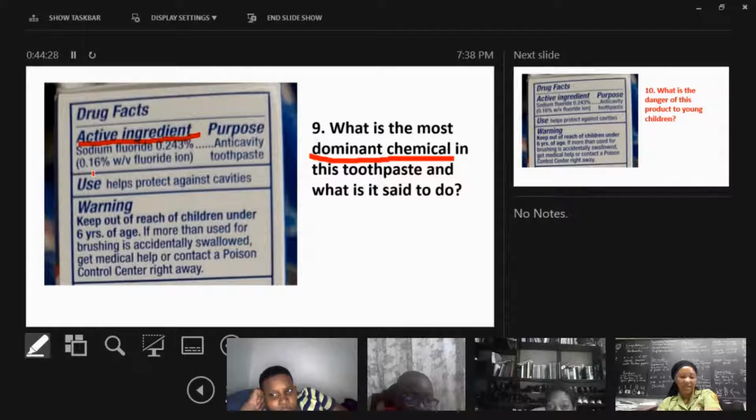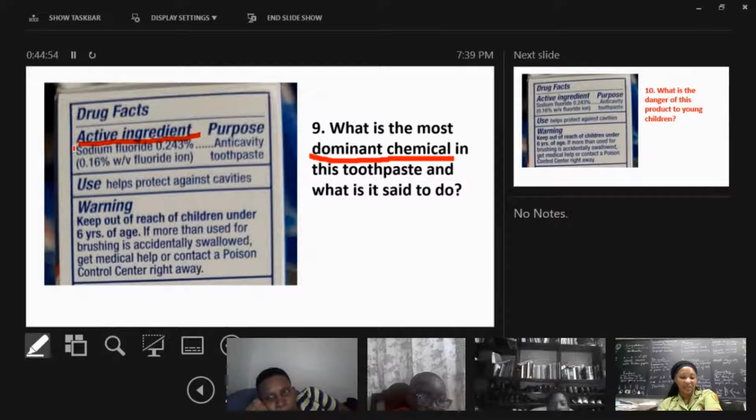This in brackets here is telling you that the sodium fluoride is composed of 0.16% fluoride ion, but this goes with this, right? So it's the same thing here. Anti-cavity toothpaste. So don't separate these two.